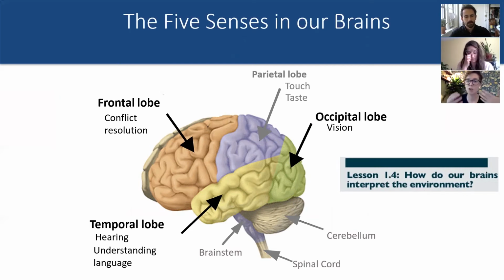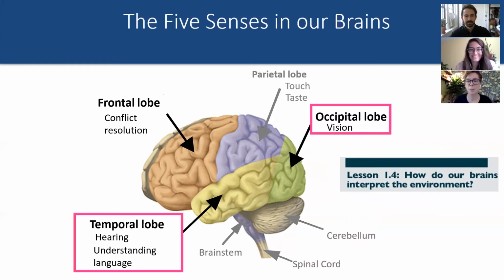So for example, when you're looking at those words and you're seeing the color of the text, that information is being sent from your eyes to a part of your brain called the occipital lobe. Then when you are reading the word and recognizing all those little squiggles as a word that is in English, which is a language you speak, your temporal lobe becomes involved. That is the part of your brain that is responsible for understanding language.